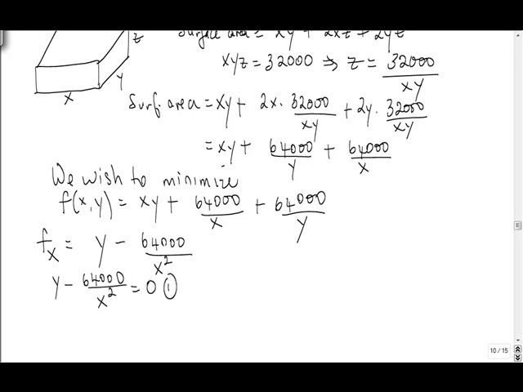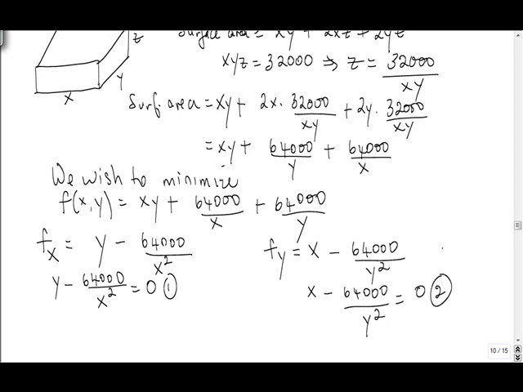Call this 1. Partial of f with respect to y. X minus 64,000 over y squared. Put this equal to 0. And that's 2. Okie dokie.